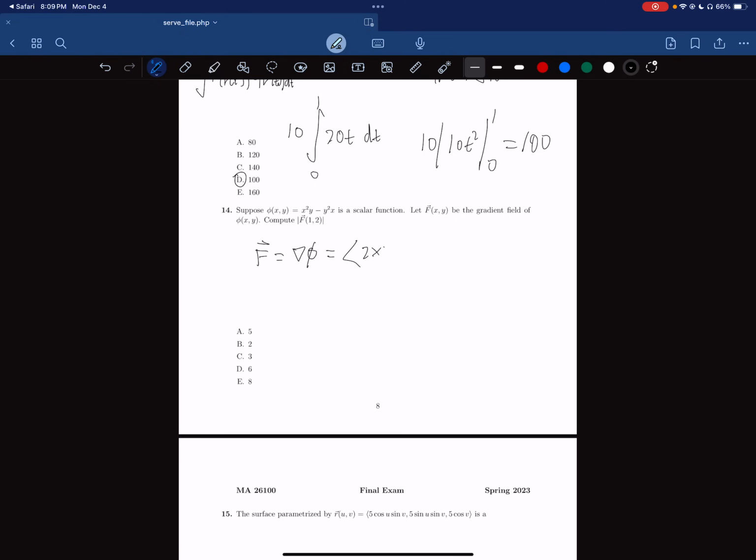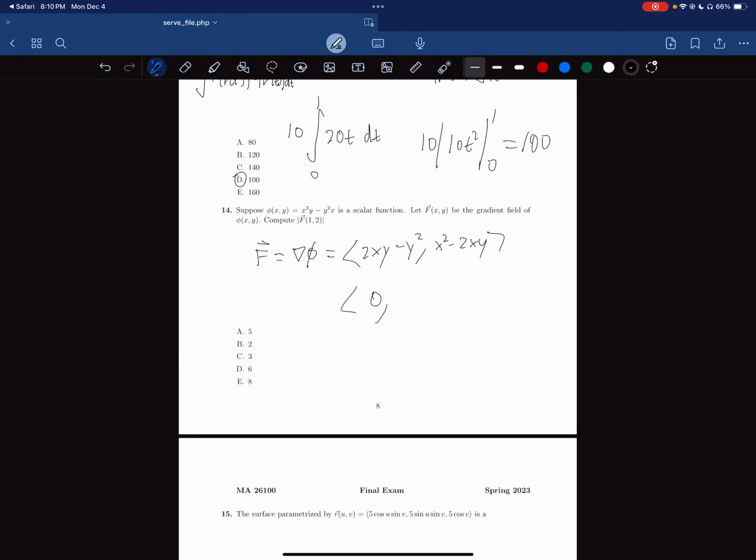So we're going to get 2xy minus y squared, and of course x squared minus 2xy. Making sure I didn't make any silly and obvious mistakes. Okay, that looks great. Plug in 1, 2. We're going to get 4 minus 4, and we get 0 here.